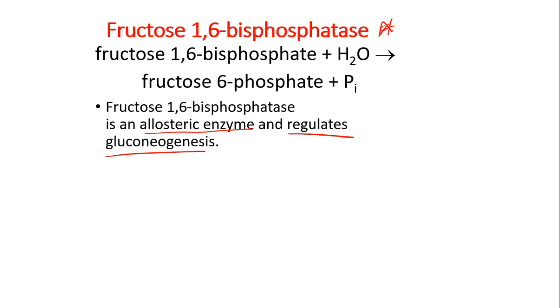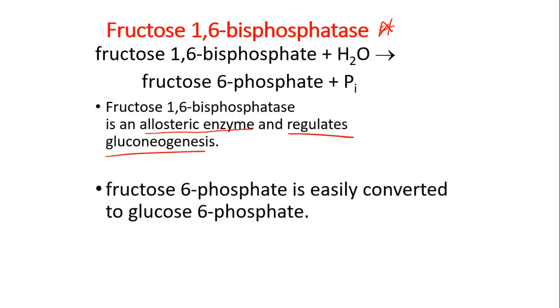Now, this enzyme is playing a role in the conversion of fructose 1,6 bisphosphate to what? To fructose 6 phosphate. So this is easily converted to glucose 6 phosphate.